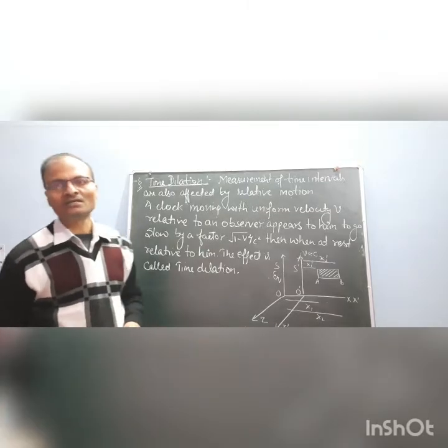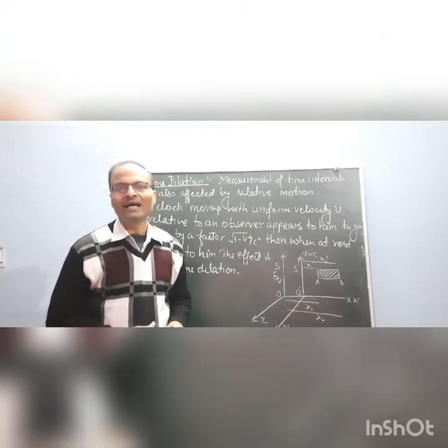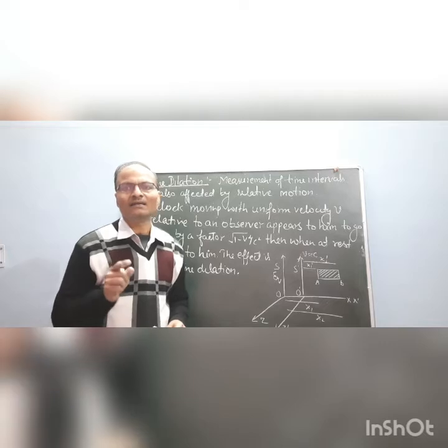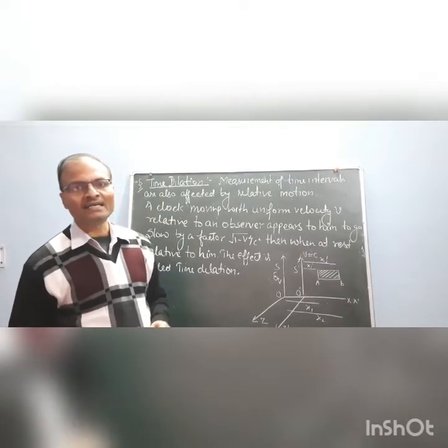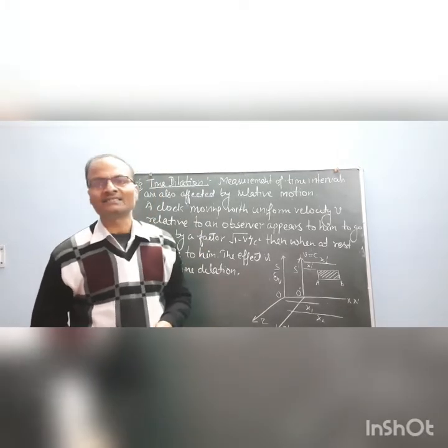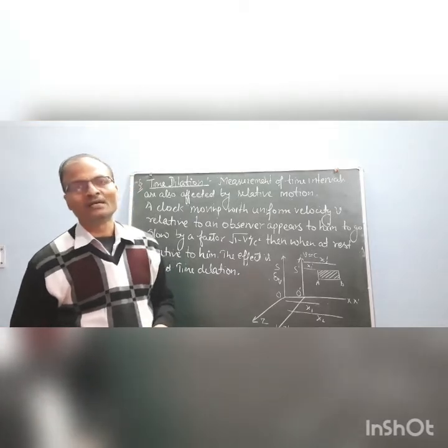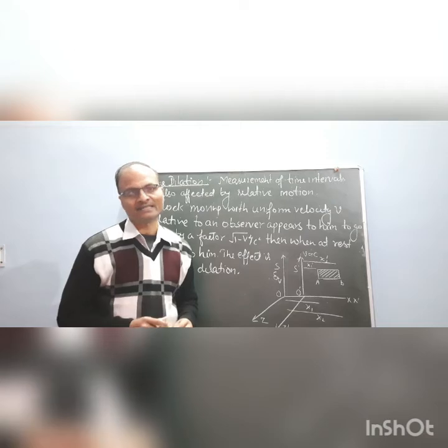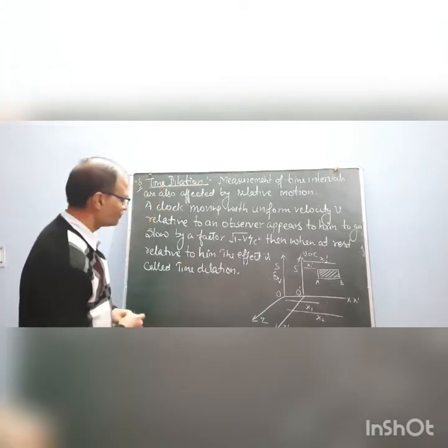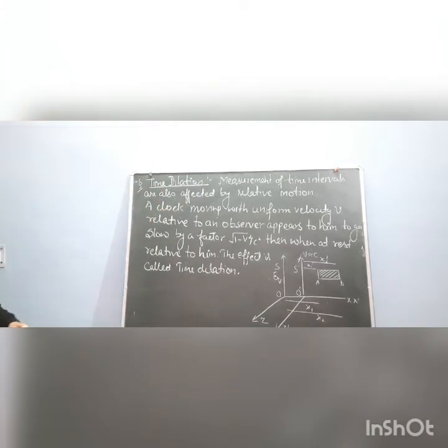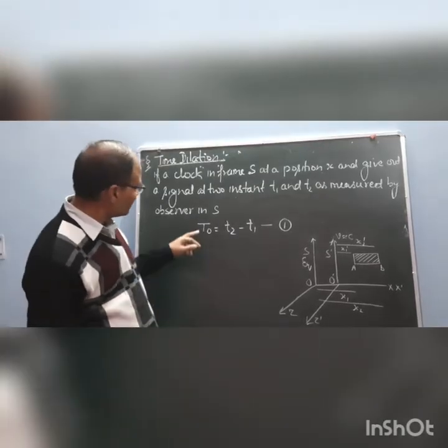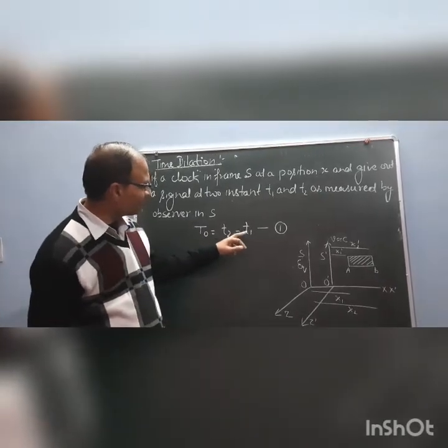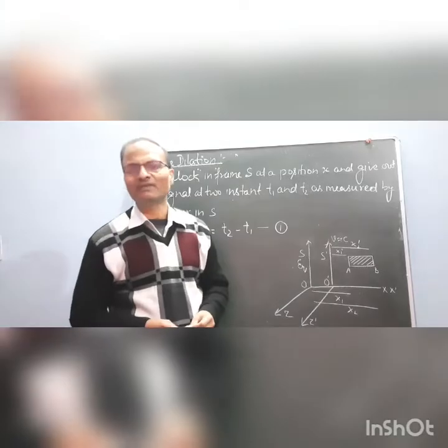If a clock in S at a position gives out a signal at two instants t1 and t2 measured by an observer in frame S, now t naught equal to t2 minus t1. This is equation number 1.